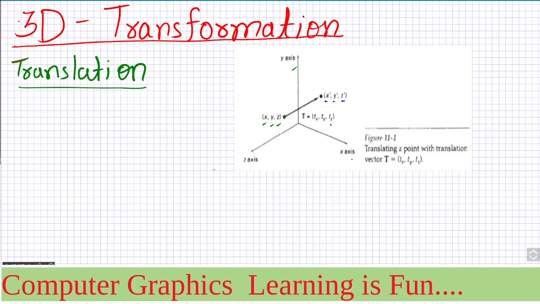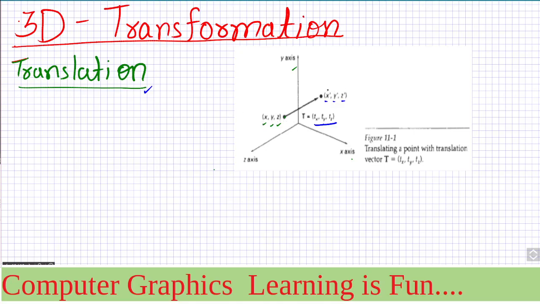In that case you need to perform an operation, we call it translation, and we have a translation vector here. A factor is usually something that is multiplied, so it should not be called a factor. But one thing is clear, that it is a certain value which will be added to corresponding x, y and z.